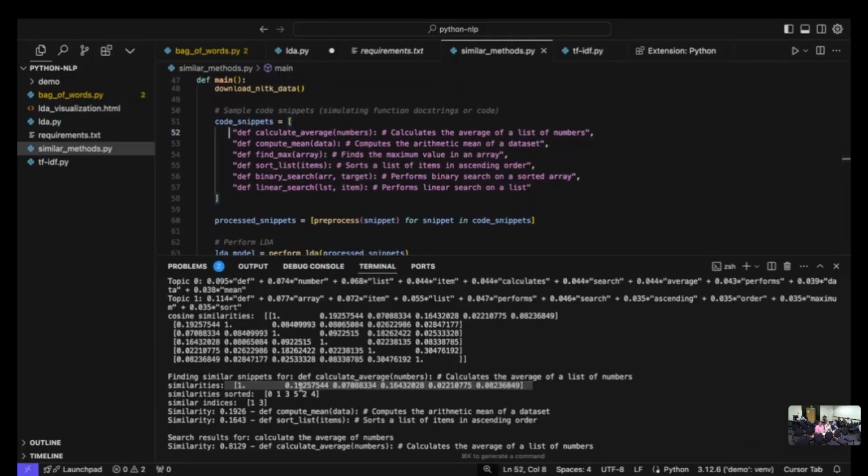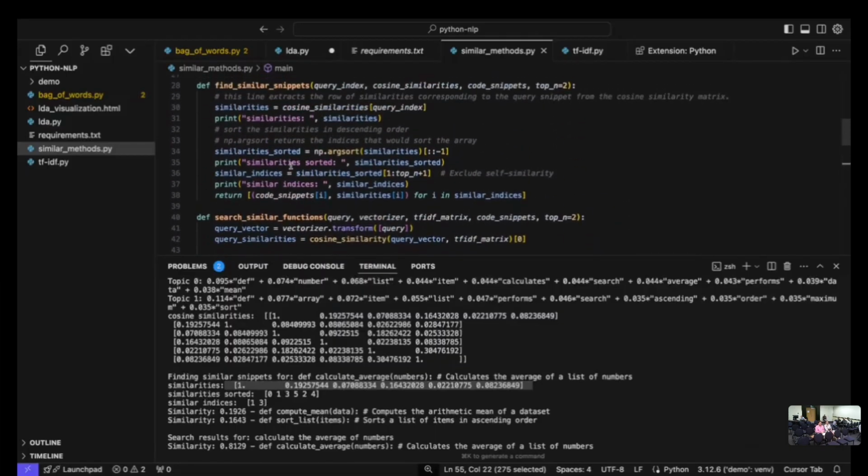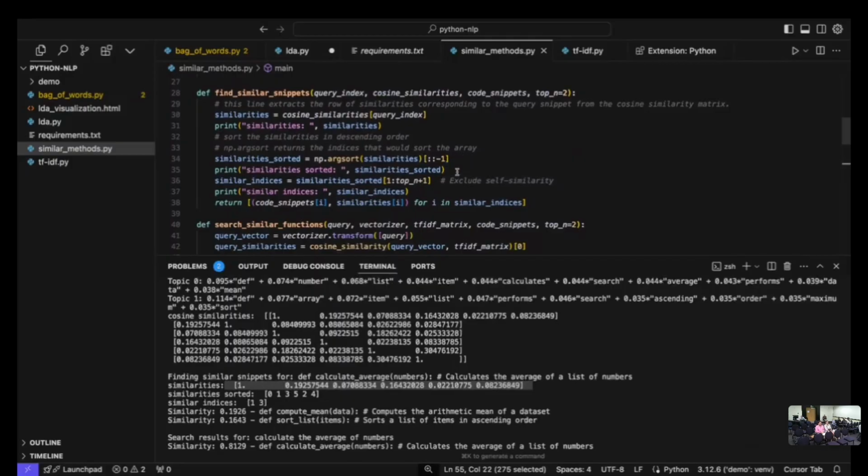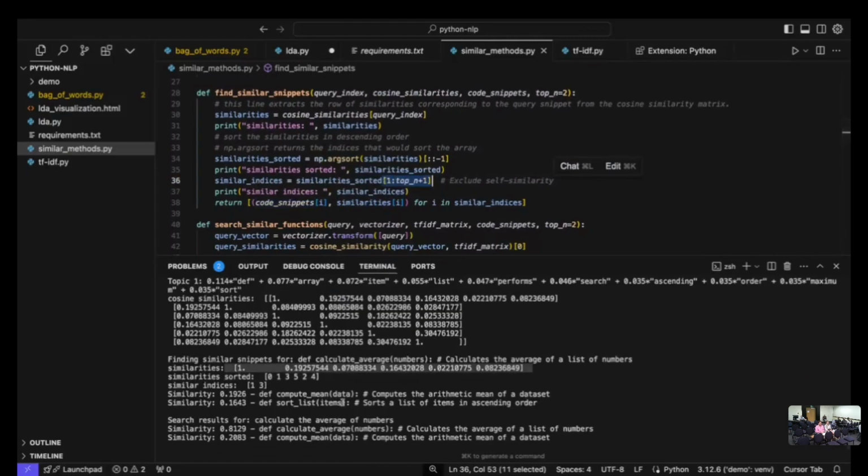So for example, this 0.192575 actually relates to compute mean, and 0.0708 will actually relate to find max. So this is how the cosine similarity matrix would look like. Now we would actually want the indexes so that we can grab the snippets from here. So this is where, once we reverse sort it and then we get the index, we actually return the index and we get the result.